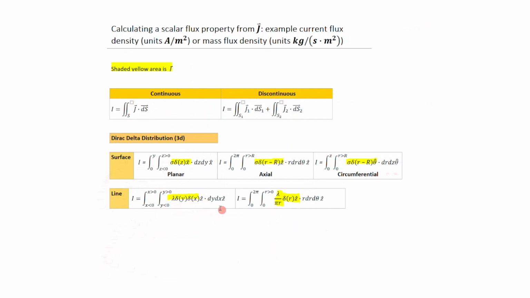And you've got to pick an area vector whose orientation is in the same direction as the current flux density, z-hat, which means its differential surface area is going to be dy dx. And if we do the same problem in cylindrical coordinates, then the differential area would be r dr d theta. It's still in the z-hat direction, and this would now represent the magnitude of the current flux density in cylindrical coordinates.